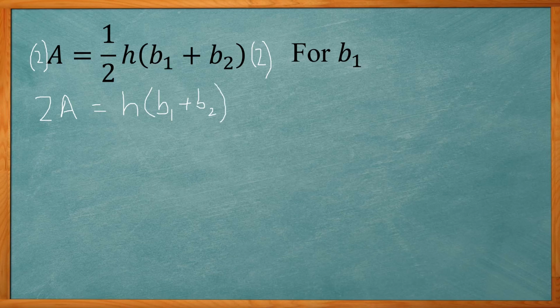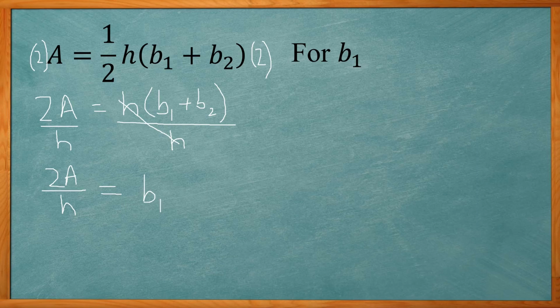Now my goal here is to get rid of the h. I just divide it because it's currently being multiplied, so I do the opposite. That'll cancel out the h's. So now I have 2A over h. And then since there's nothing else on this side other than the B1 and B2, I can get rid of the parentheses.